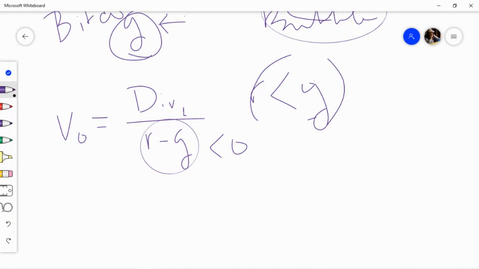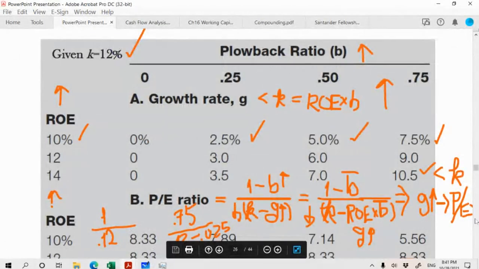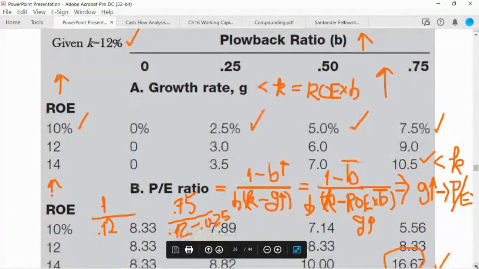If this is negative, then the price will have to be negative too. That's ridiculous, it's not even a remote possibility.